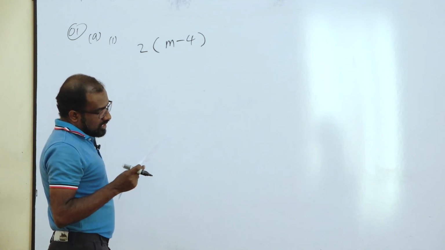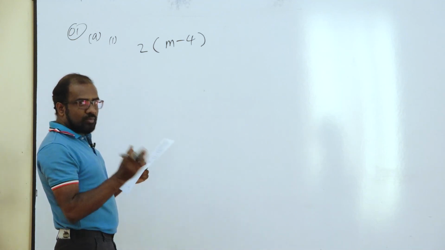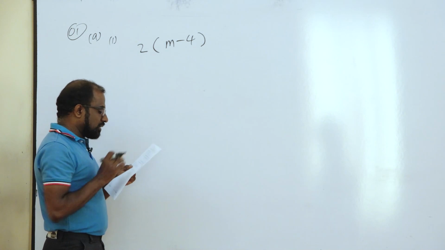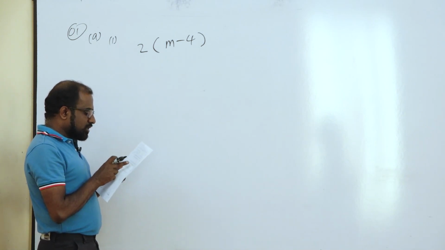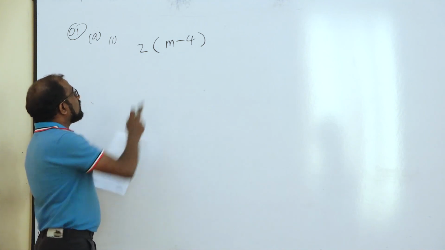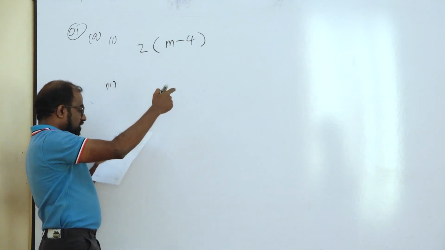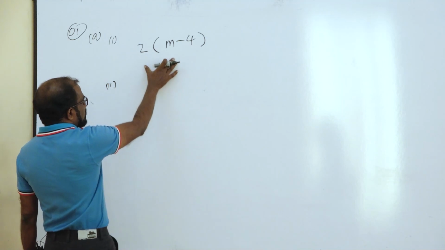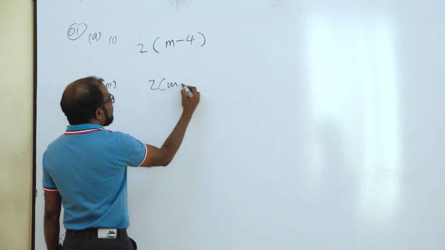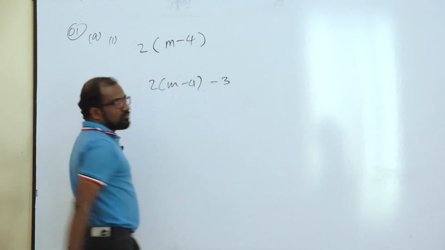Right. Second one. Write the given below as an algebraic expression with curly brackets. You are asked to apply curly brackets. Subtract 3 from the expression in 1. From this whole expression, from 2 times m minus 4, you have to subtract 3 like this.